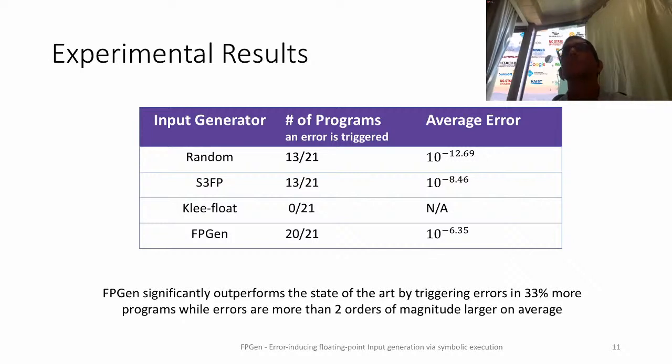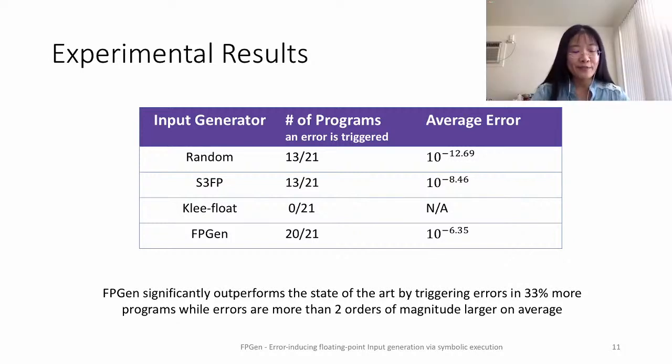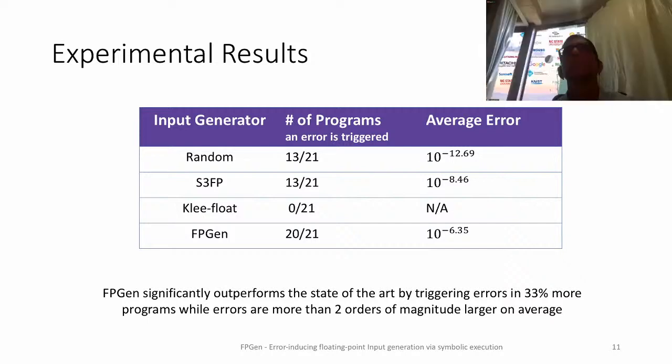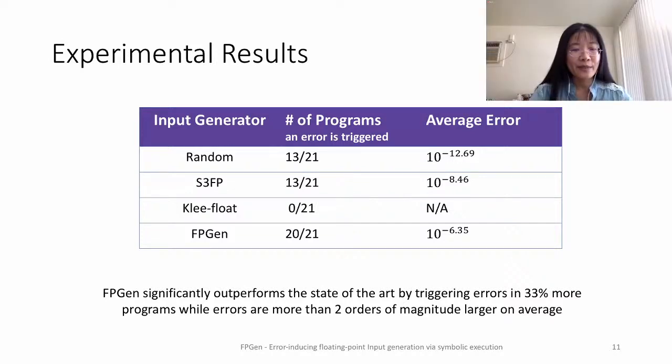So basically for random, we randomly sample a few inputs in the input domain, here with a time limit of 2 hours. We iteratively sample inputs in the input domain and compute the maximum error the random technique triggered in the benchmark.